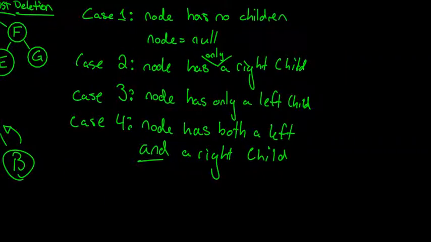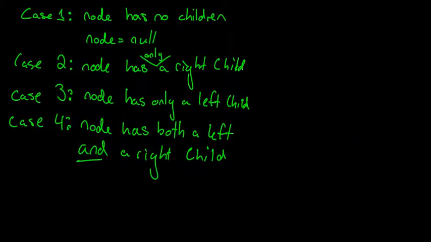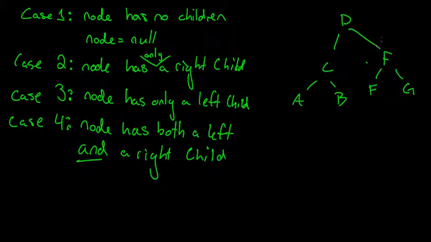So let's say the tree actually looked like this. Or actually, we'll take the original tree. C, A, B, F, E, and G. So let's say we wanted to delete D.